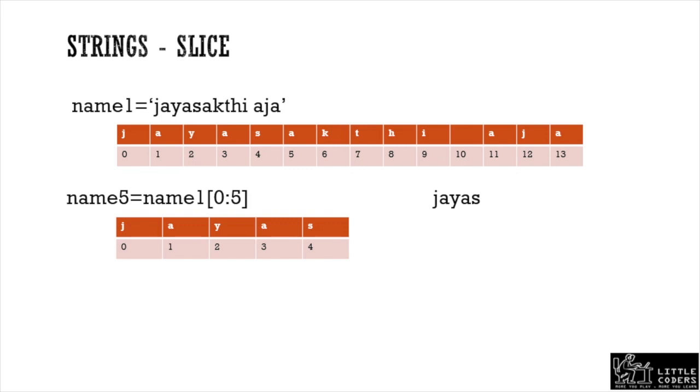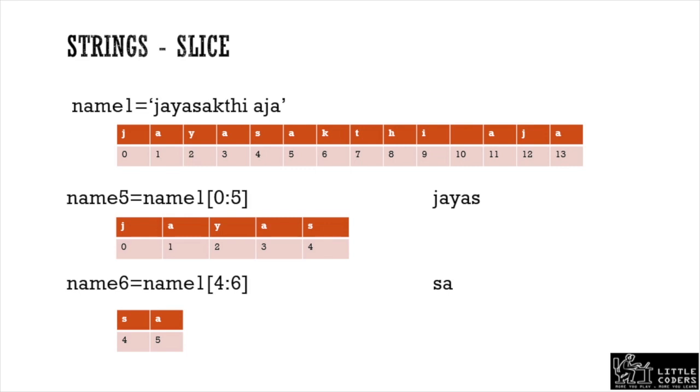So 0 indicates the starting position of the character to be copied, and 5 indicates the position of the character before which it has to be copied. That is, we have to copy up to 4. So if I say name 6 is equal to name 1 of 4, 6, we have to start from the 4th character.